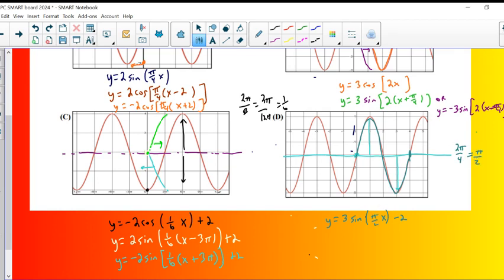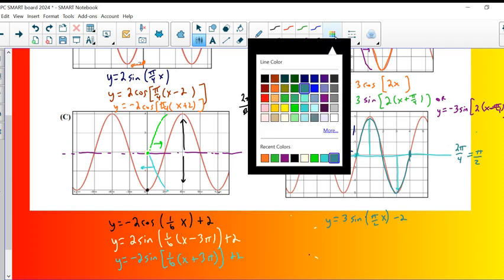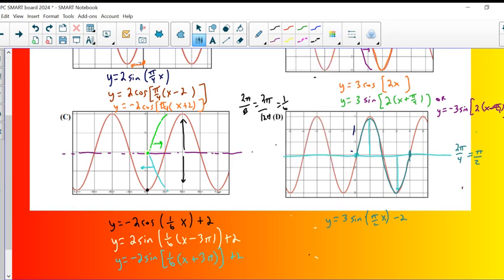Okay. And then, again, let's adjust to a cosine wave. So remember, cosine would have started up here. So had this been cosine, it looks like we need to move it to the right by one unit. So I could say y equals 3 cosine. Frequency is still pi over 2, but we're shifting it to the right 1 unit, and then minus 2.